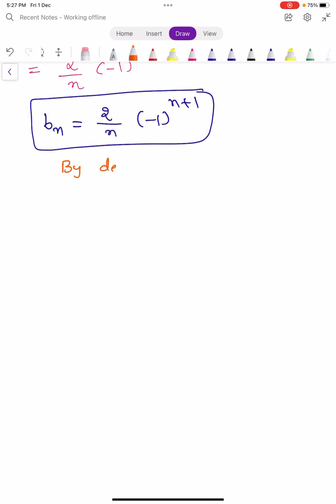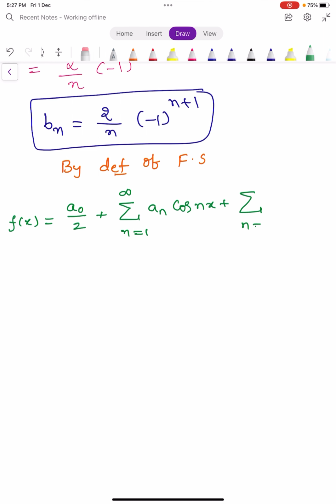By definition of Fourier series, you can write f of x is equal to a naught by 2 plus summation n is equal to 1 to infinity a n cos nx plus summation n is equal to 1 to infinity bn sin nx. So what is a naught? A naught is equal to minus 2 pi, so a naught by 2 is minus pi.